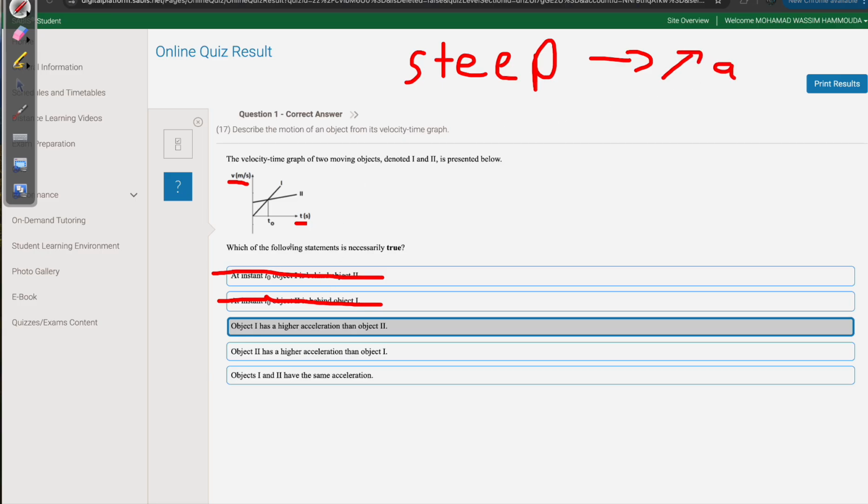So as we can see, I is steeper than double I. So object 1 has higher acceleration than object 2.